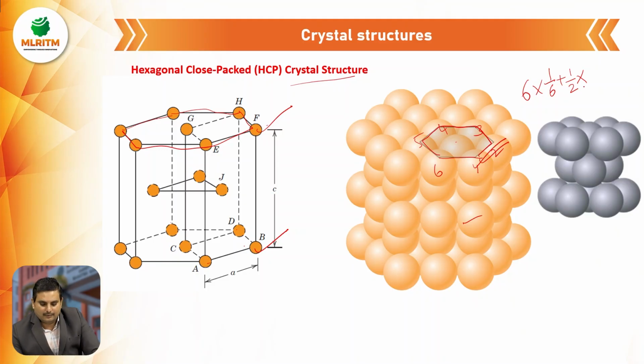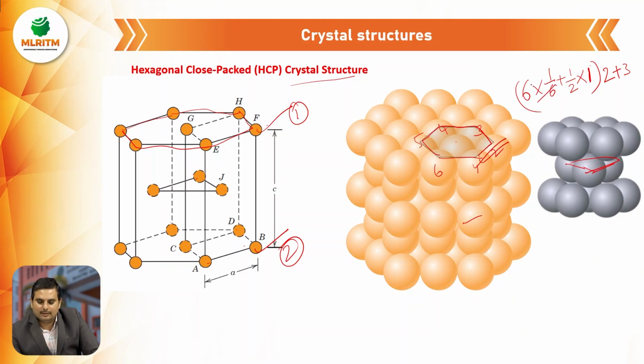Likewise, for example, if you consider 6 times 1/6, that is 1, whole multiplied by 2. Why? Because this is one plane, and the second plane is here. Now plus we have 3 atoms at the middle here. If you observe, these are the 3 atoms. So plus 3.